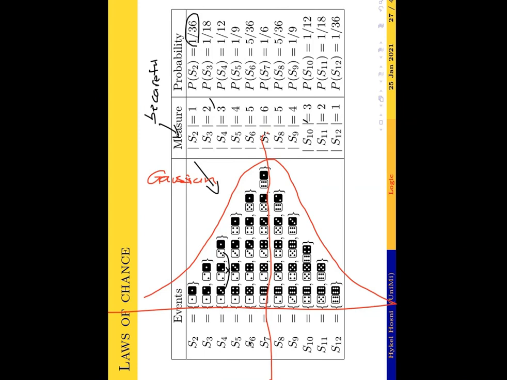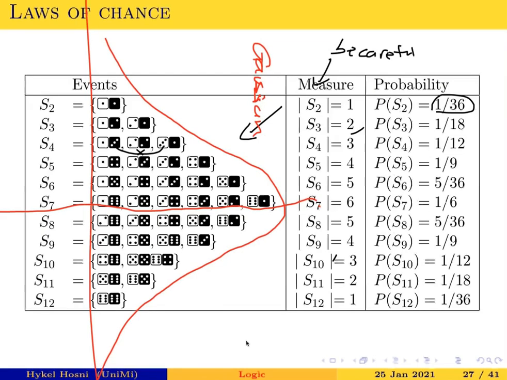And the mean value is what you can expect to get if you replicate this experiment a very, very large number of times. So if you throw those dice very many times, then this is the most likely outcome, which is also known as the expectation of your random variable.